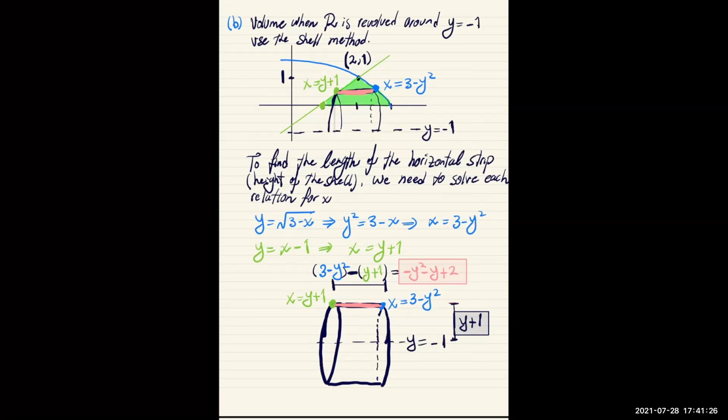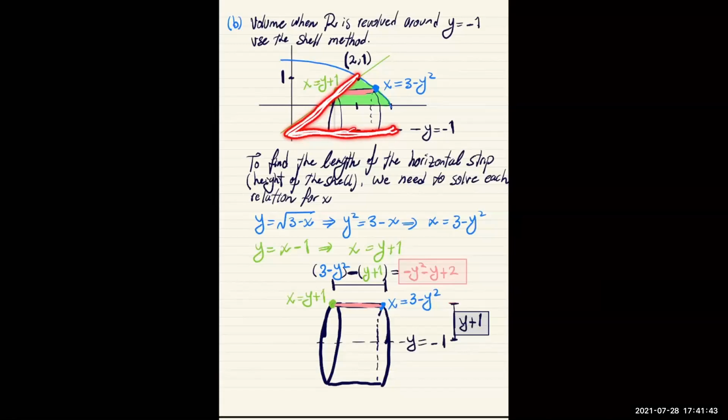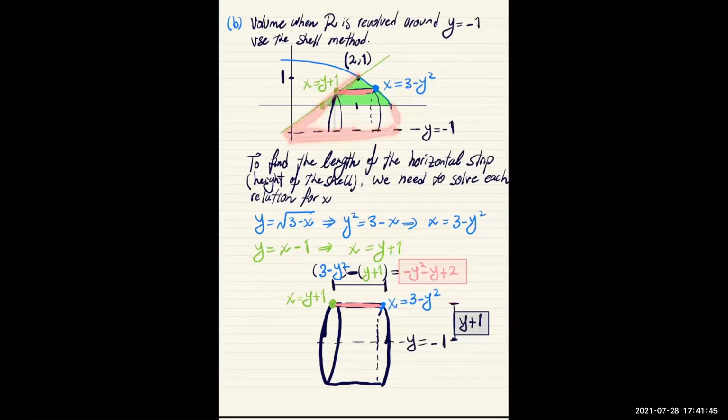I don't even know what that region would be. If I were to evaluate from -1 to 1, this graph doesn't go below, so what would the region look like? I couldn't even create a region because this graph doesn't continue, but imagine it does. This would be the region.